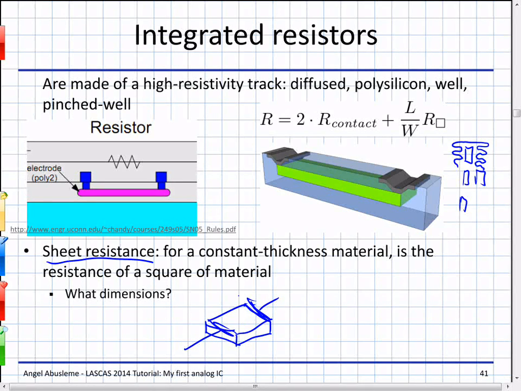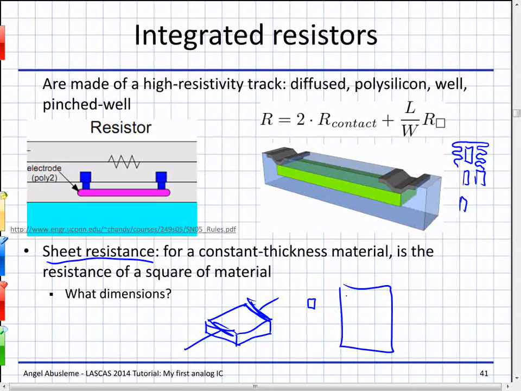So the first question is, what dimensions of material? Because I could make a square like this, or I could make a square like this. Do these all have the same sheet resistance? Yes, because the sheet resistance is a property of the material.